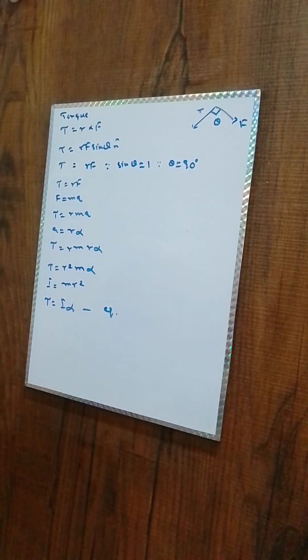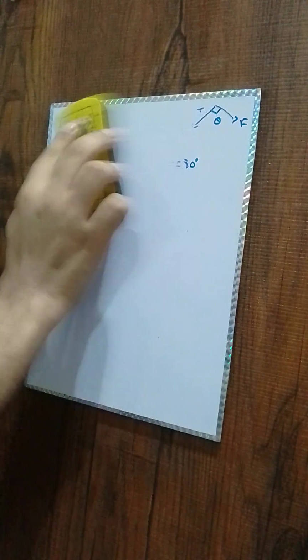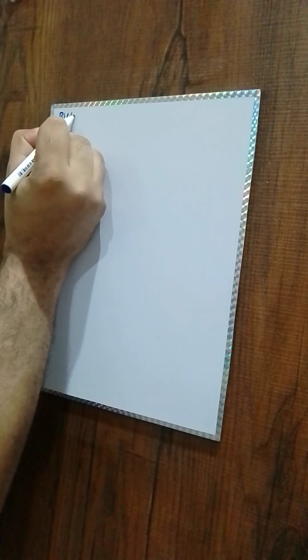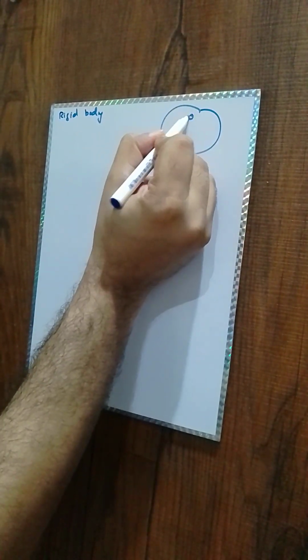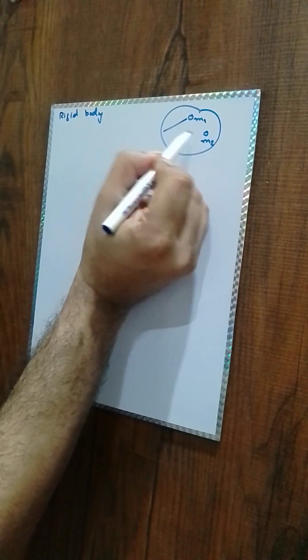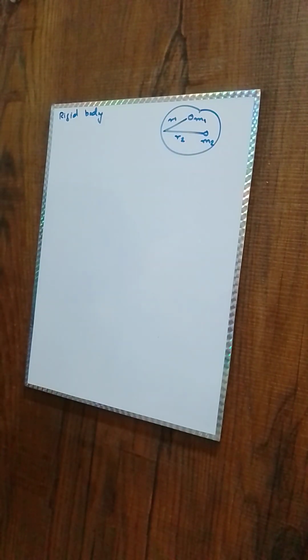So for rigid bodies, a rigid body which is a collection of masses, so we have it here, differential mass m1, differential mass m2, and so on, and r1 and r2, the radii.